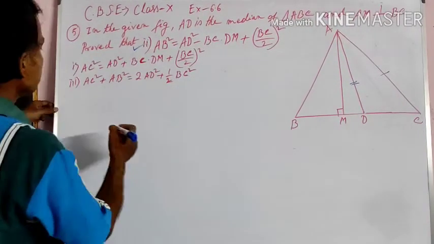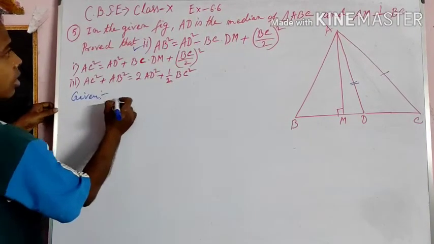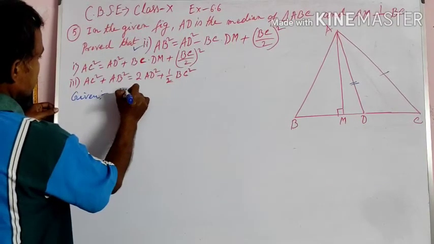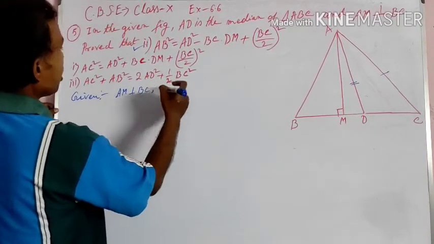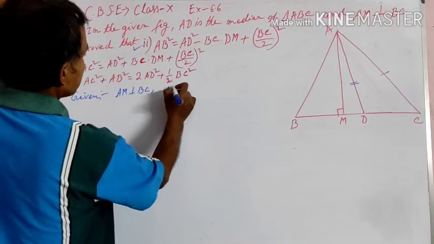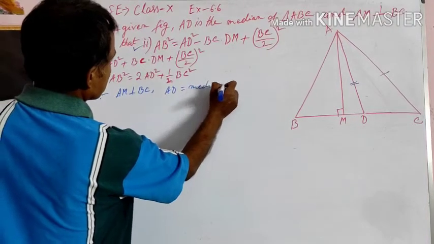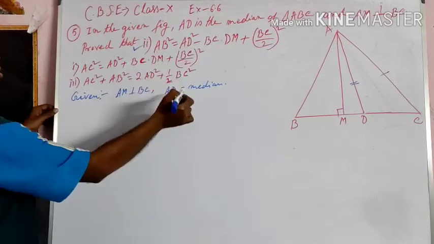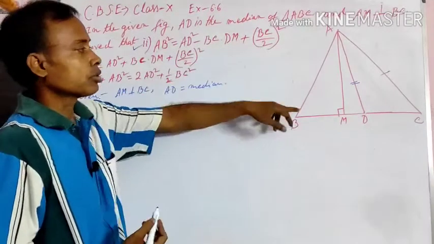Here, given AM is perpendicular to BC and AD is the median. You have to prove AB square is equal to AD square minus BC into DM plus (BC by 2) whole square.